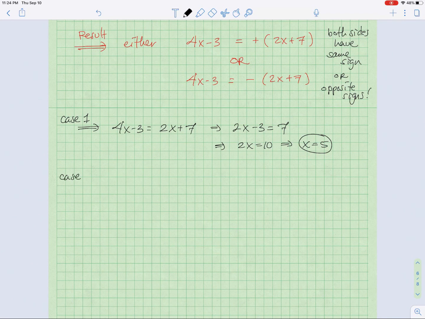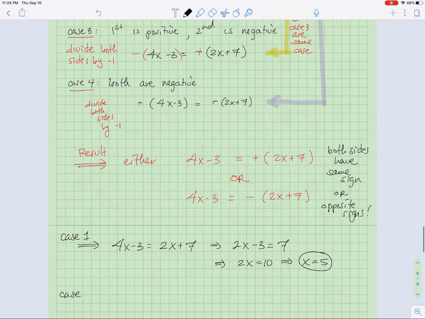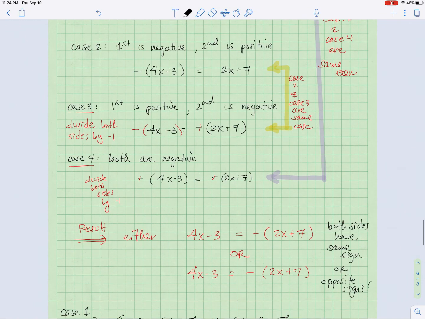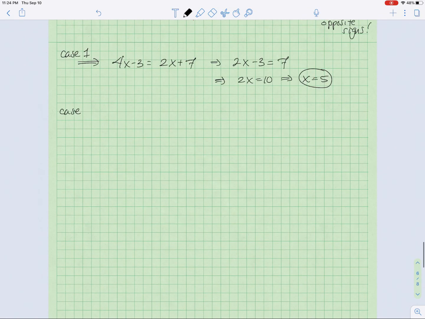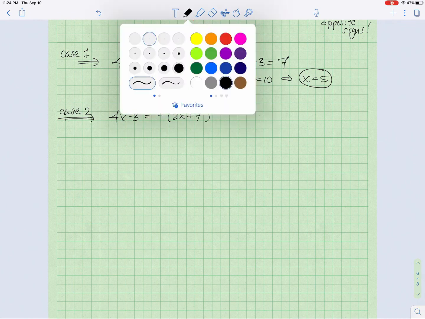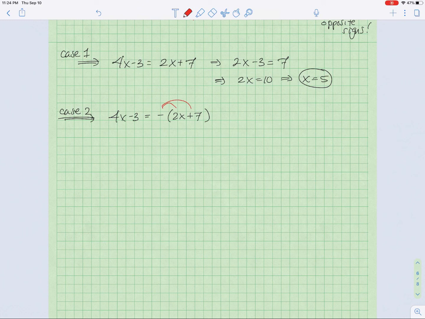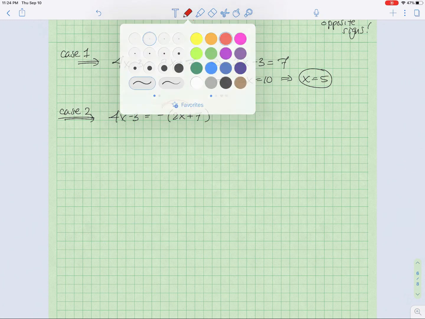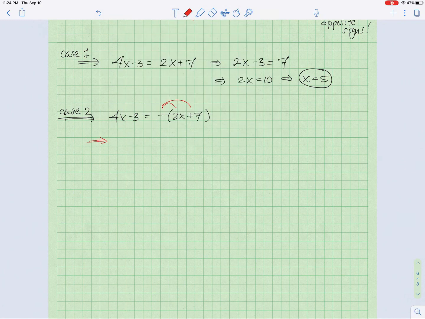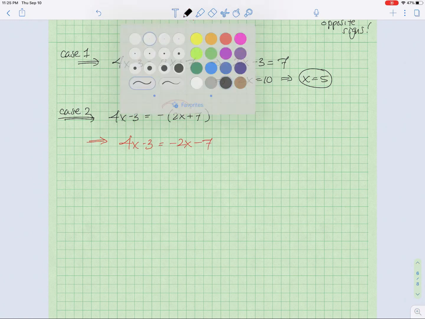For our second case, I guess it was really case number 3, but it's our new case 2. 4x minus 3 is equal to negative of the quantity 2x plus 7. Don't forget to use parentheses there because you're going to have to distribute that negative sign. And what we get is 4x minus 3 is equal to negative 2x minus 7.